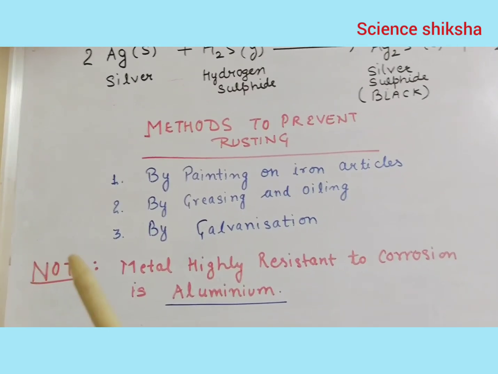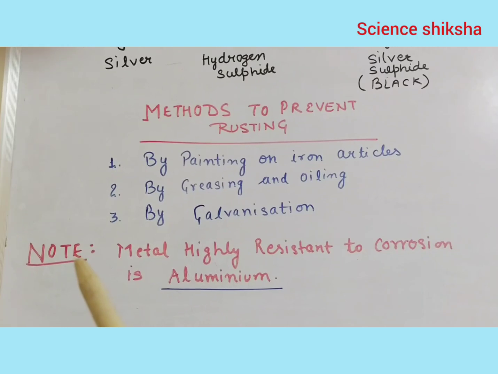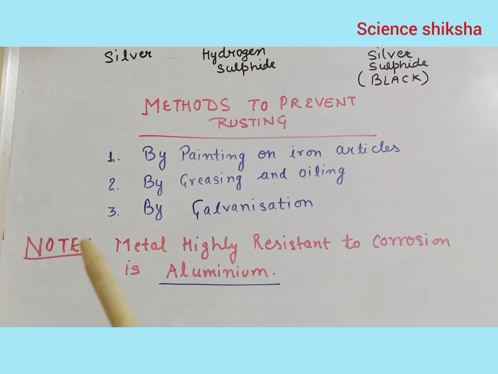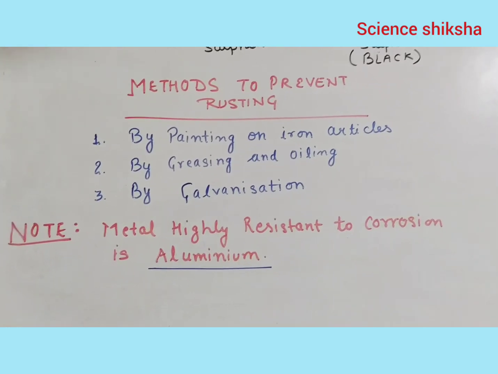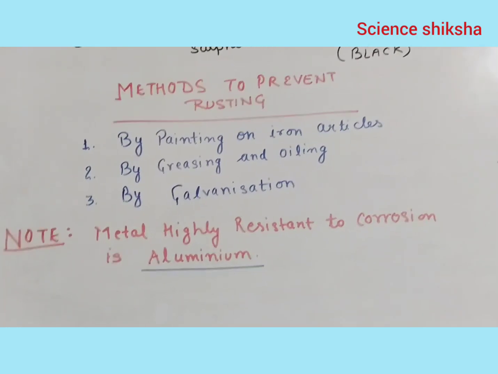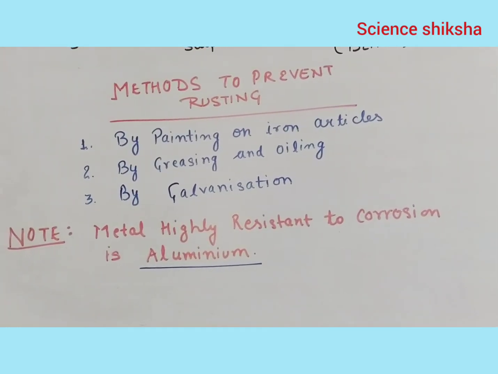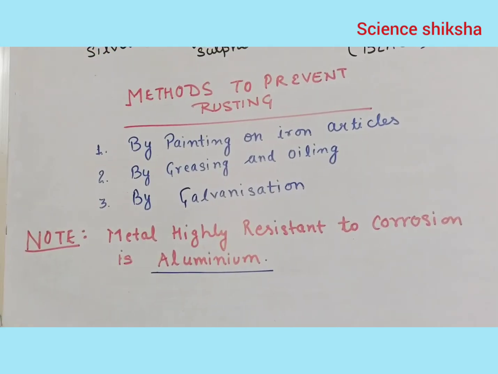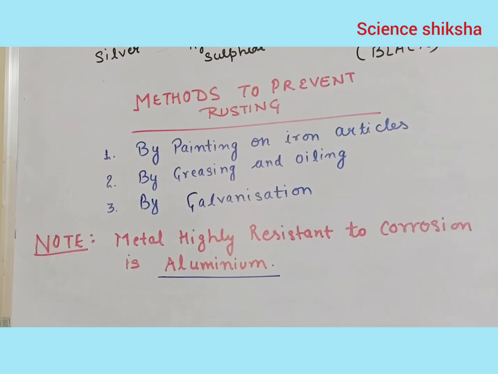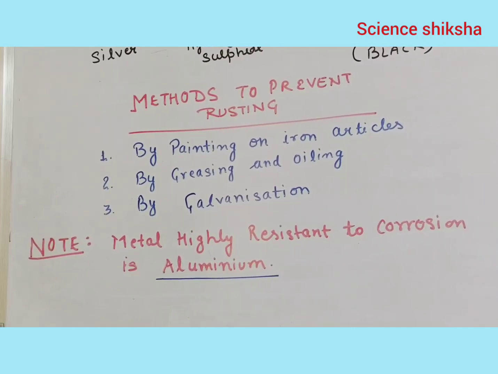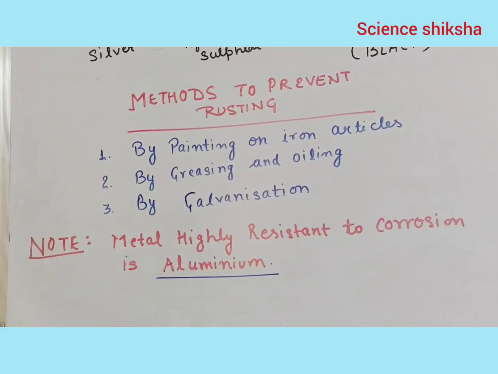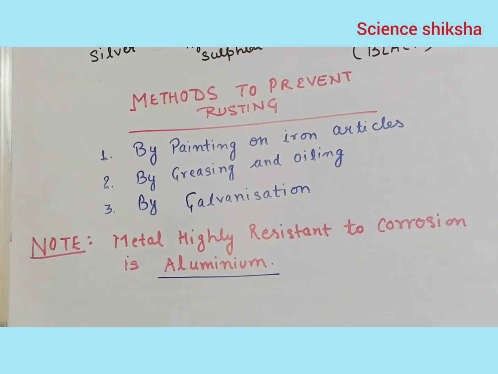Next, the most important point related to corrosion is that the metal highly resistant to corrosion is aluminium. This is because aluminium forms aluminium oxide on reaction with the air. The aluminium oxide is impervious to moisture.